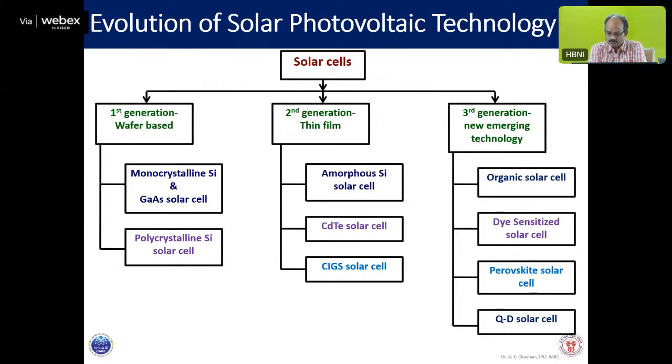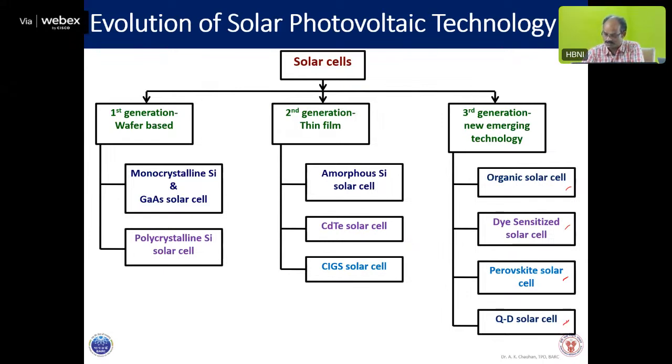And third generation solar cells are new and emerging technologies. These are not yet fully commercialized, but a lot of research is going on worldwide. These are organic solar cells and dye-sensitized solar cells, though research on dye-sensitized solar cells is not at a very large scale now because of the emergence of perovskite solar cells, and also quantum dot solar cells.